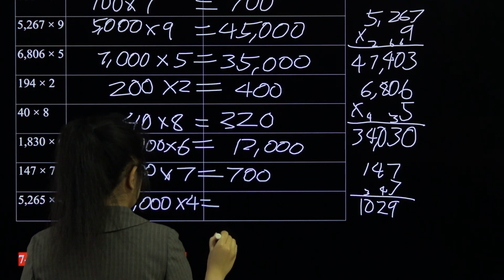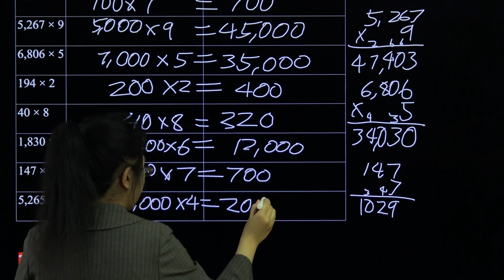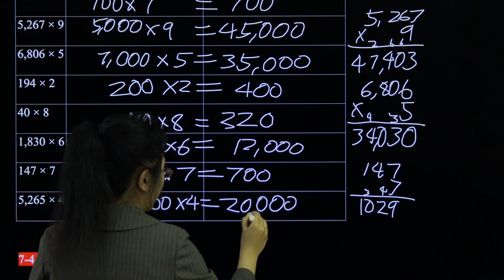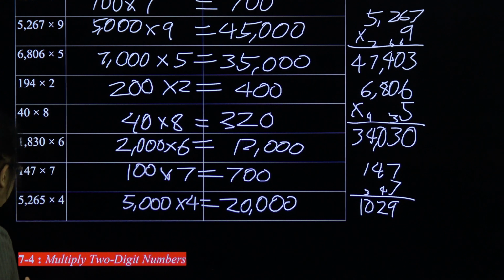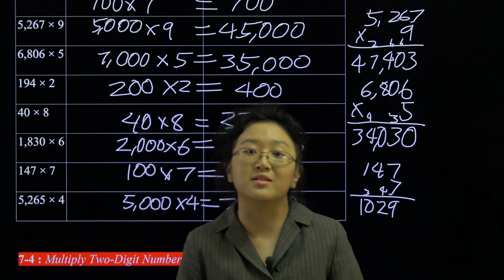You use basic multiplication facts. 4 times 5, 20, and then you add the 3 zeros and you get 20,000. The actual answer for this is not that far off. It's slightly more than 1,000 off. And considering that that's 20,000, it's not the best estimate, but it's definitely not the worst. It's actually quite decent.